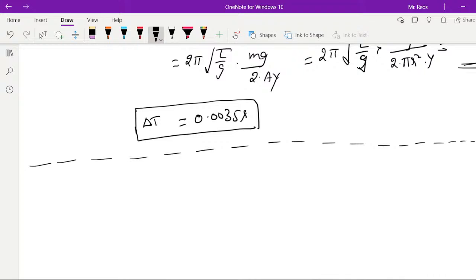Yes, let us see. Level 2 exercise, question number 24. Right, guys. So what is given here? A metal wire 4 meter long.